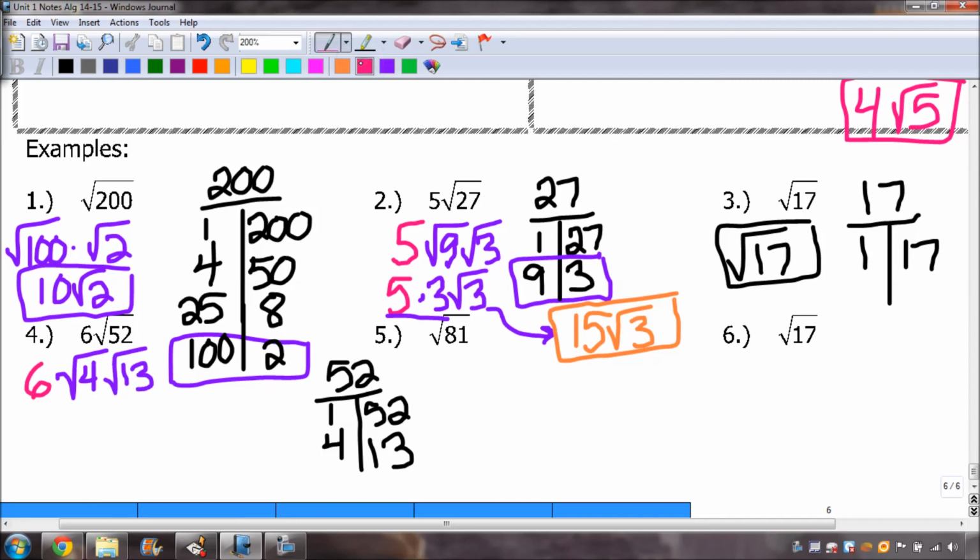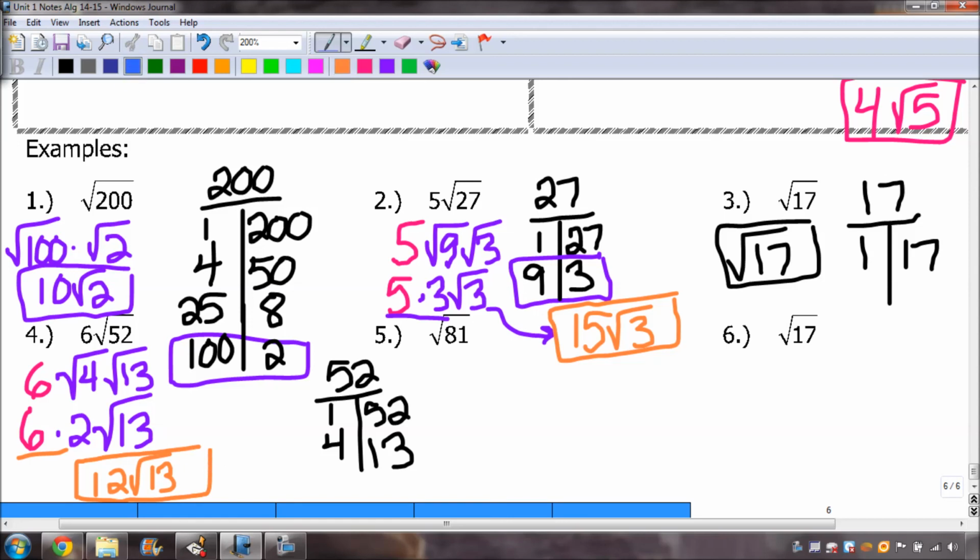I can't do anything with the 6 again, so I'm going to copy it down. I know the square root of 4 is 2. Remember, no square root sign is necessary because you've done the square rooting. And then I'm going to copy the radical 13 now. Now I can just multiply the 6 times the 2, and I end up getting 12 radical 13, and that's my final answer.